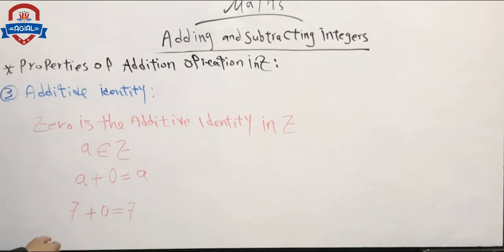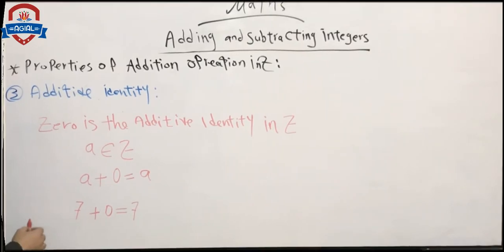So any integer number plus 0 equals exactly the same integer number.